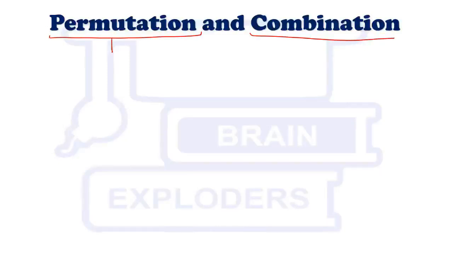So permutation means selection plus order, that is, selection in a specific order, while combination is only selection.